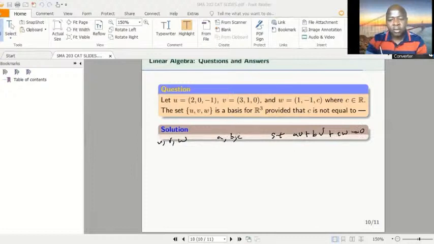So these scalars should all be 0. But let's just do this question. We want to test for linear independence only because these are 3 vectors. If they happen to be linearly independent, then they automatically span.